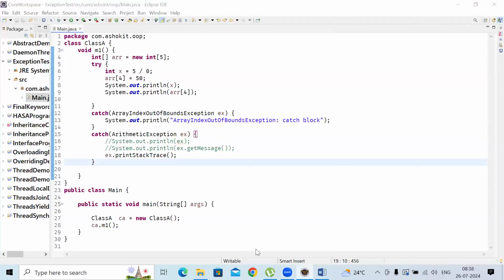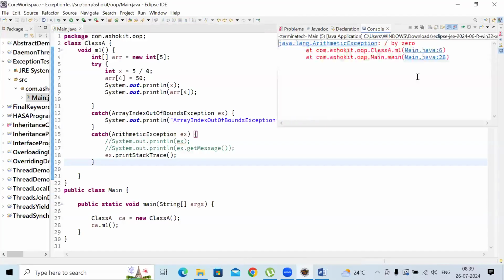Am I audible? Yes, sir. Okay. Could you tell me, this time we are getting more lines of output. Line number 6 and line number 28.